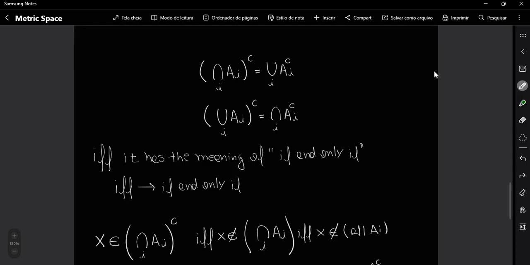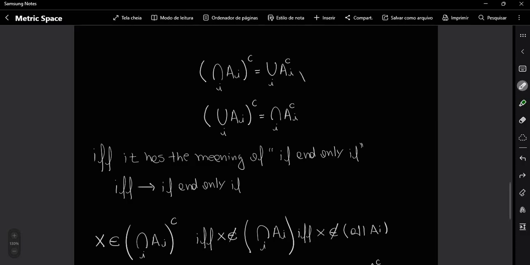And remember, this I means a collection, an arbitrary collection of sets. So we can read this as an intersection of an arbitrary collection of sets A. And this C is a complement of this collection of sets.